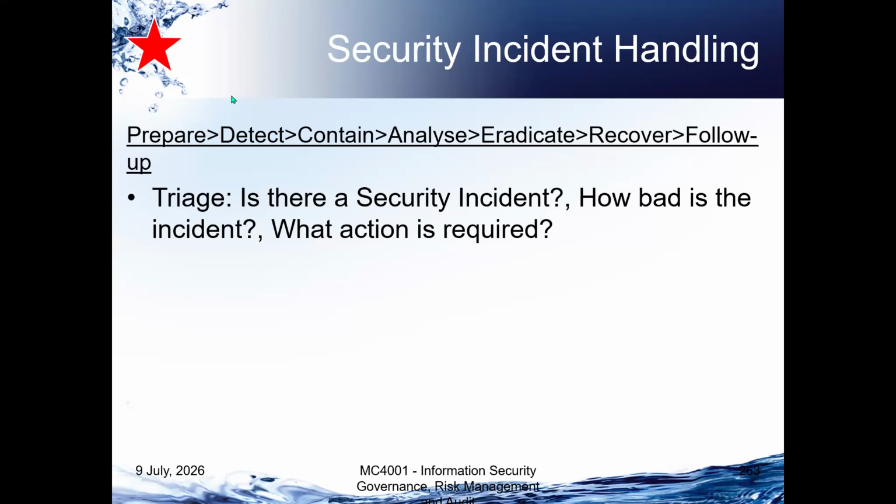So responding to a security incident is no small matter. It is one of the most stressful and complex activities that you will ever need to do as part of your professional life.